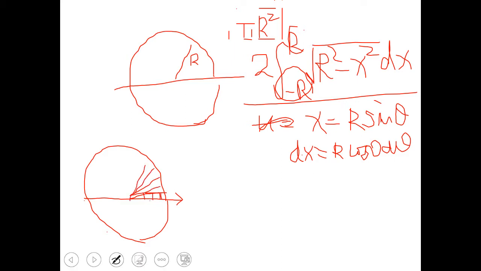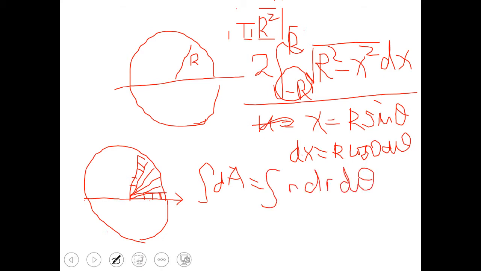You cut the circle like this and integrate, and the area will be the integral of dA, where dA is r dr d theta, with theta going from 0 to 2 pi.